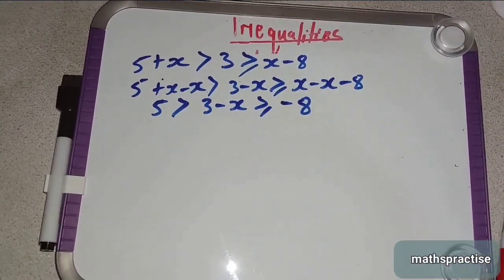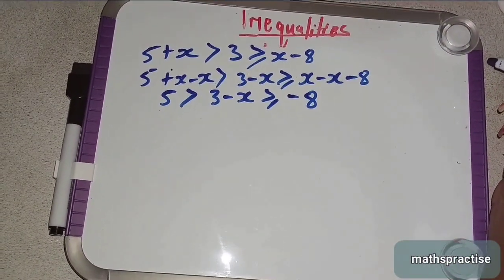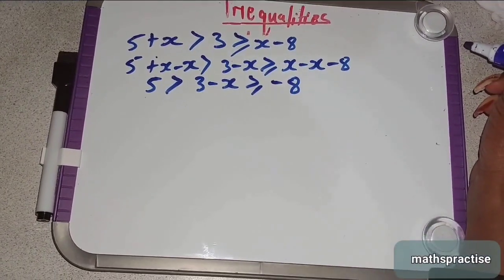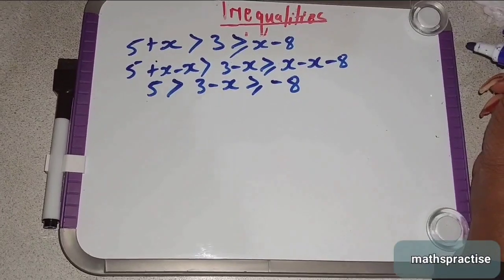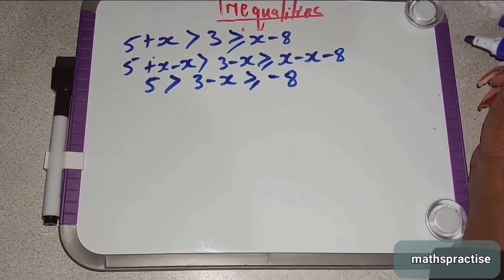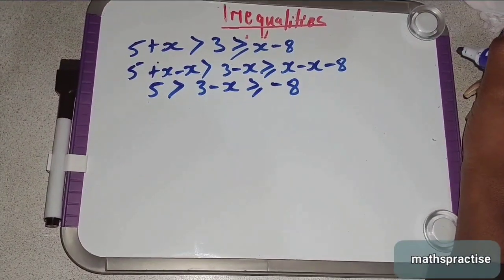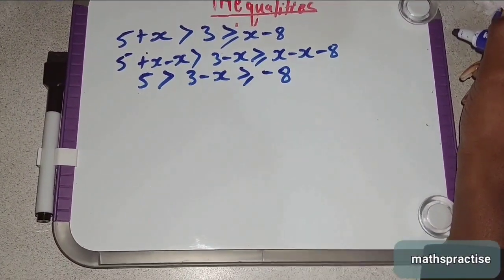Then the next thing we do, we want to remain with x in the middle, so we subtract 3 from both sides.